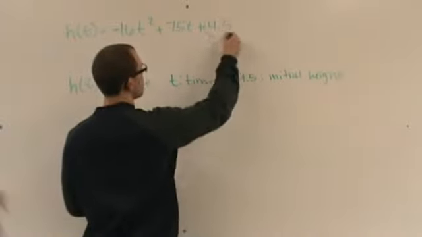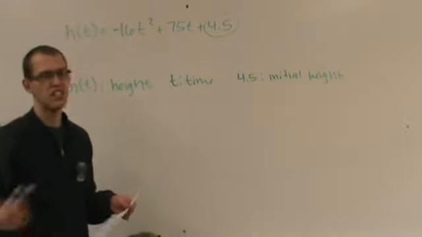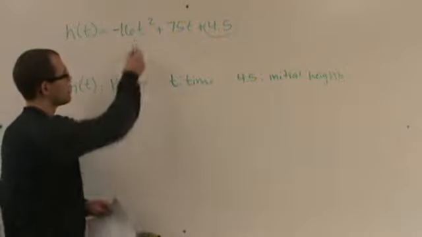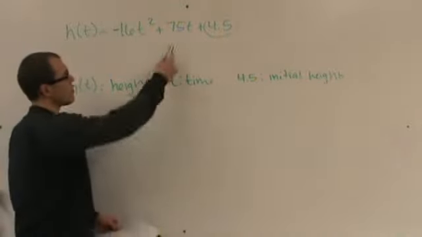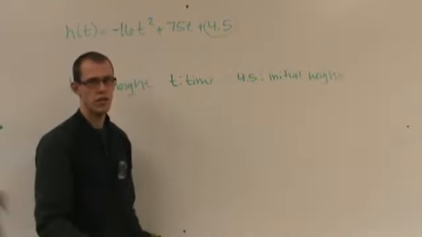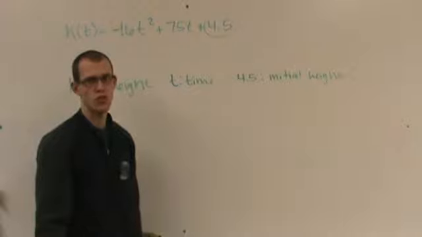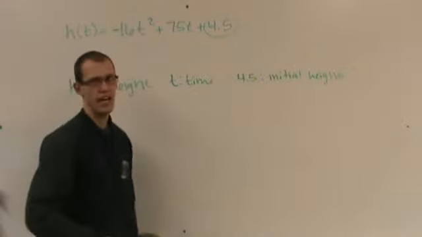Okay. So the 4.5 I'm talking about is this number at the end of our quadratic equation. It's the number without any t's. Notice here we have negative 16t squared. Here we have plus 75t. And then we have 4.5. It doesn't have a t. That's the number we're concerned with, the number without any t's. That is our initial height.